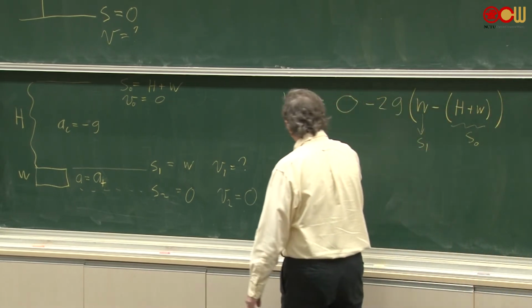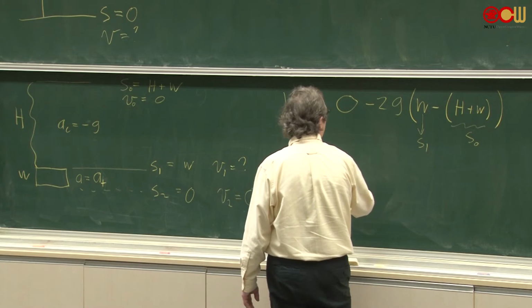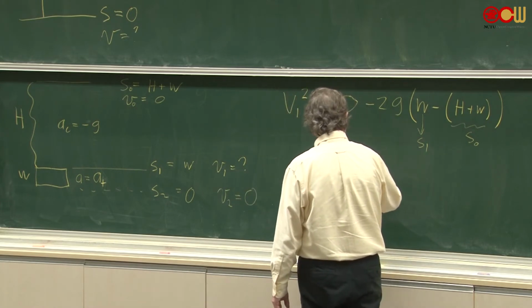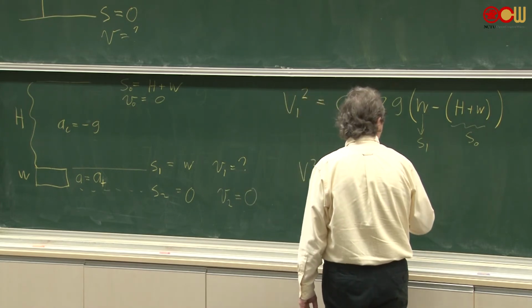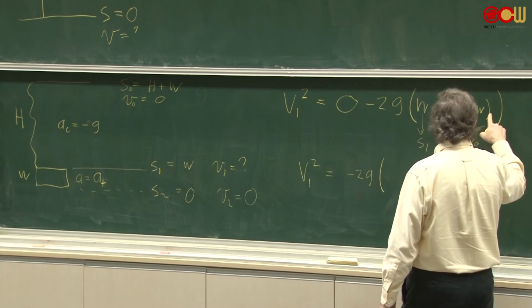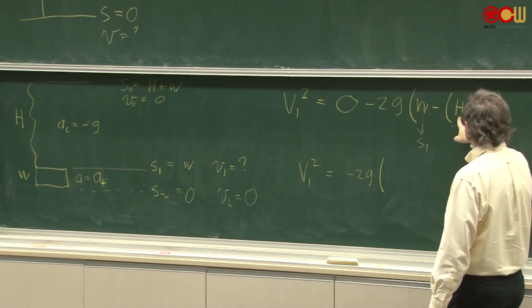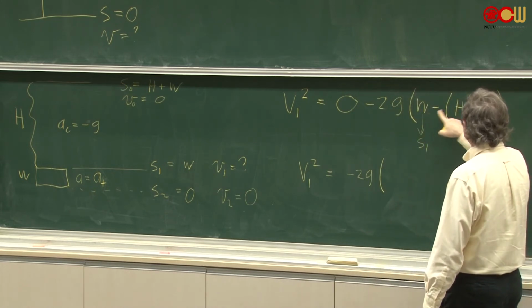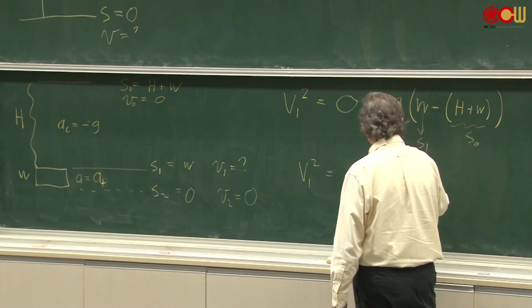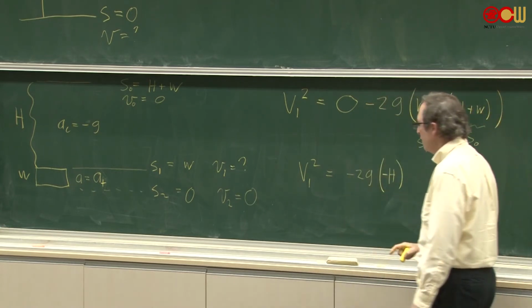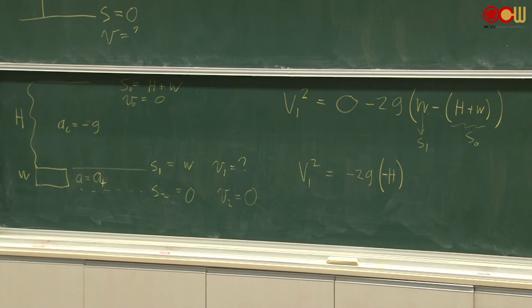Let's simplify a little bit. We get V1 squared is minus 2G times W minus that. So W minus H plus W. The W's cancel, and I get minus H. All right. Now here's an important lesson.